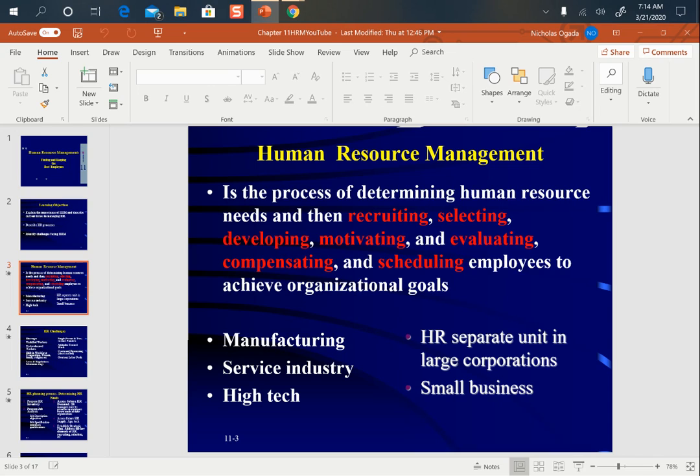So, when you're talking about human resource management, what we are referring to here is a process.